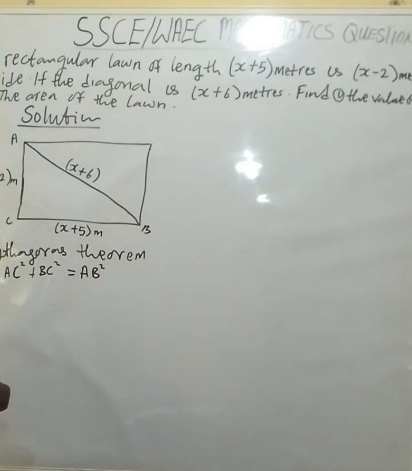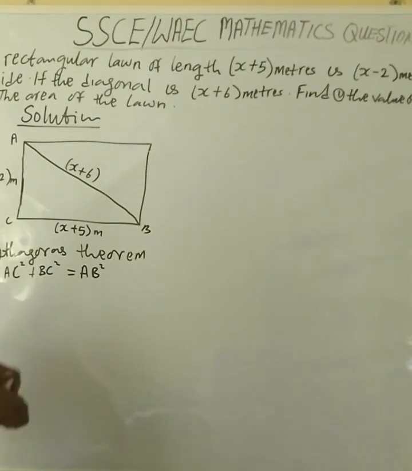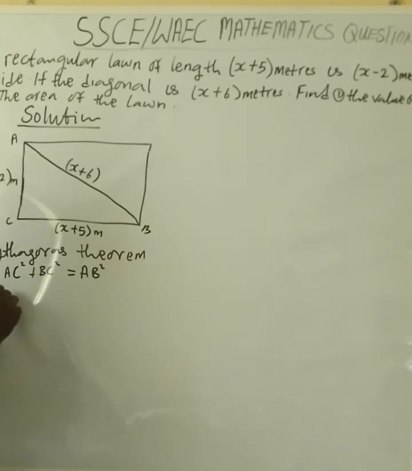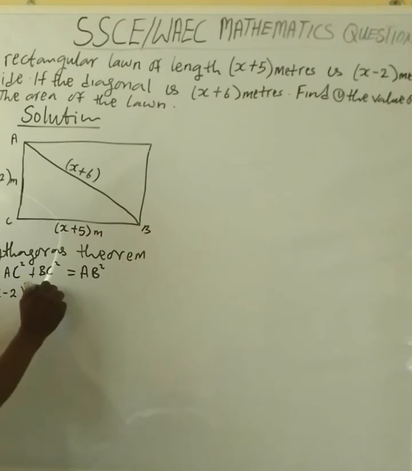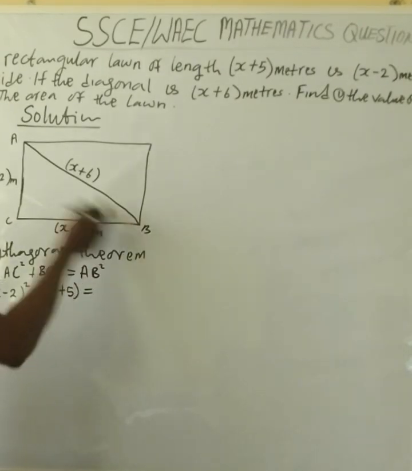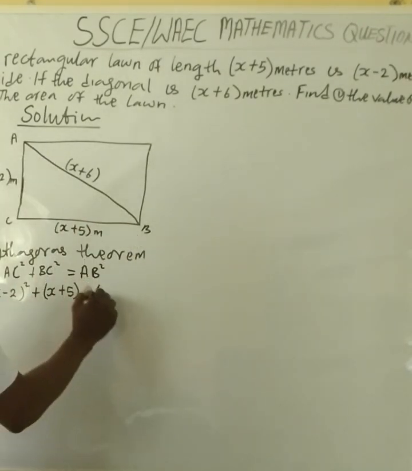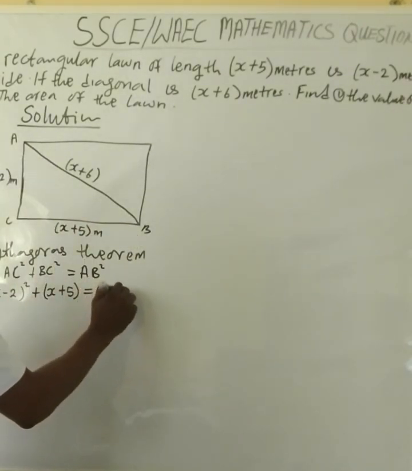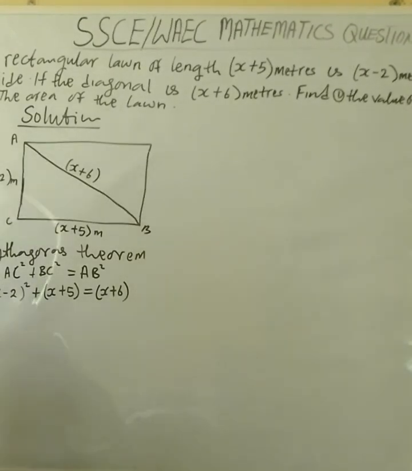So when you look at it now, it will give us AC, which is x minus 2, raised to power 2, plus BC, which is x plus 5, squared. Are we together? Equals our diagonal AB, x plus 6, squared.